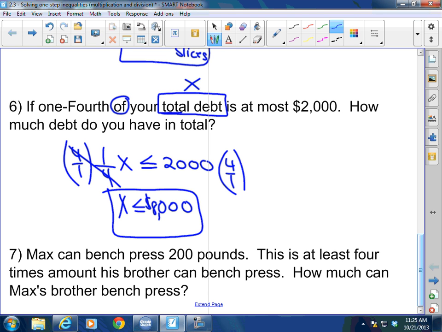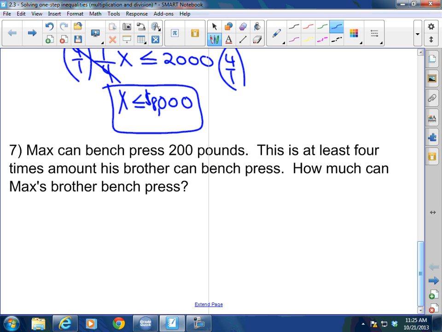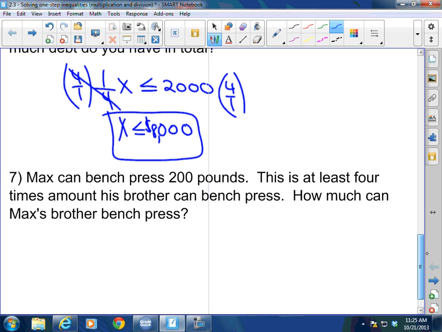Awesome. Okay, last but not least. Max can bench press 200 pounds. We did something similar to this. This is at least 4 times the amount his brother can bench press. How much can Max's brother bench press?